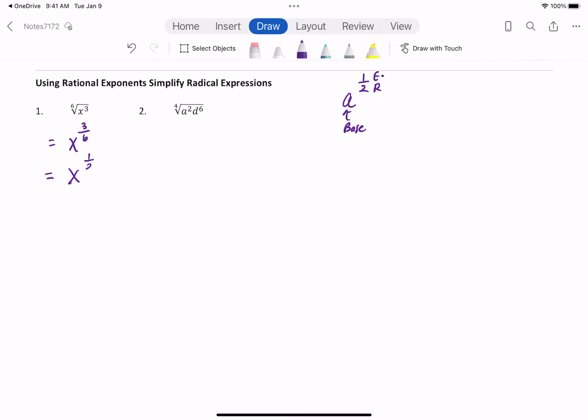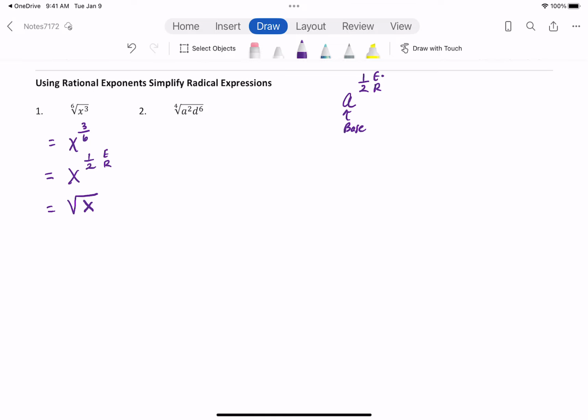That is 1 over 2, dividing the numerator and denominator by 3. And now we can turn it back into a radical, knowing that the bottom number is my root. So I have the square root of x to the first power, which we don't have to do anything with.